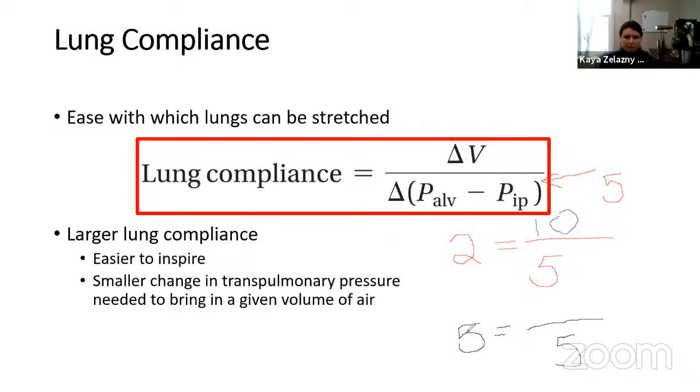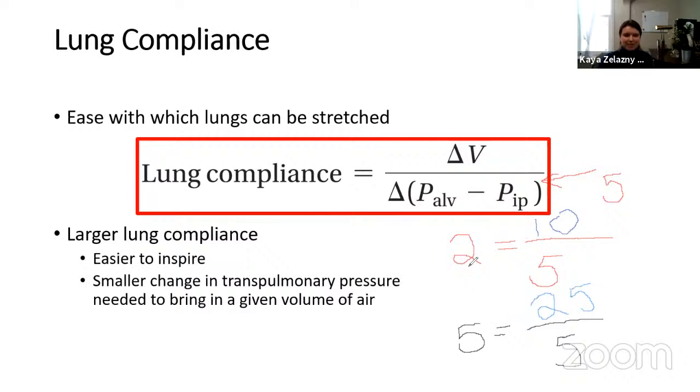So if we have a lung compliance of 5, and we know this pressure difference is going to be 5, we can then see that our change in volume here is 25. At least to me, I like math. I hope you also like math. I apologize if you don't.